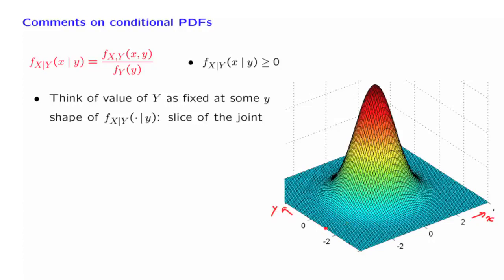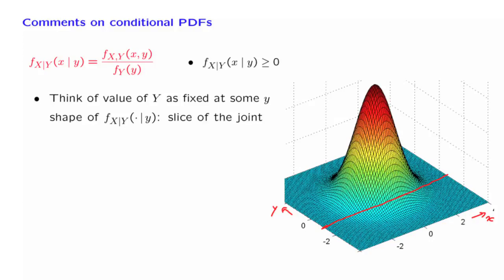If we fix a certain value of y, if we condition on y having taken this particular value, so that our universe is now this particular line, on that universe, the value of the denominator in this definition is a constant, and the conditional PDF is going to vary according to the height of the joint on that particular conditional universe.